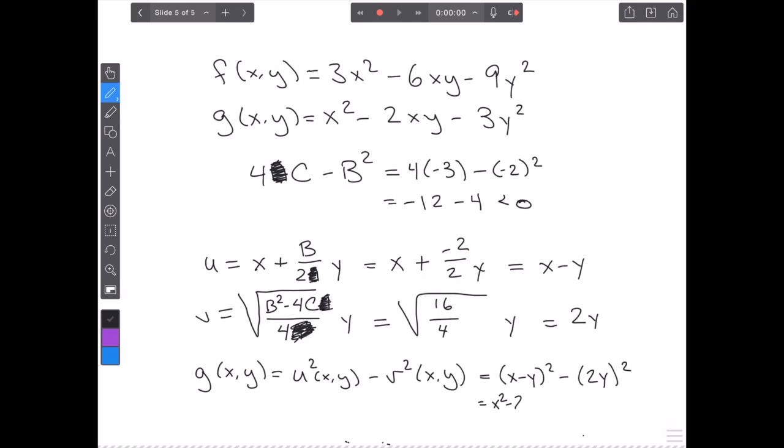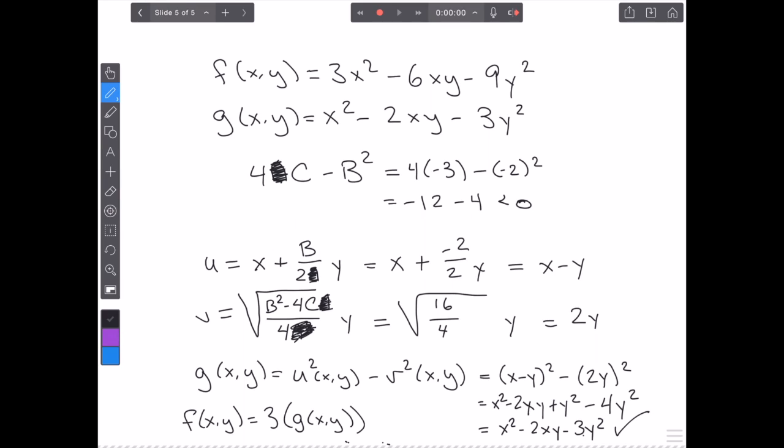Here we have x squared minus 2xy plus y squared minus 4y squared. And if I go ahead and simplify that, I can see I get what I wanted, which is x squared minus 2xy minus 3y squared. Check, right? And then our original function f of xy is simply equal to 3 times g of xy. That's all we did was pull out a 3.